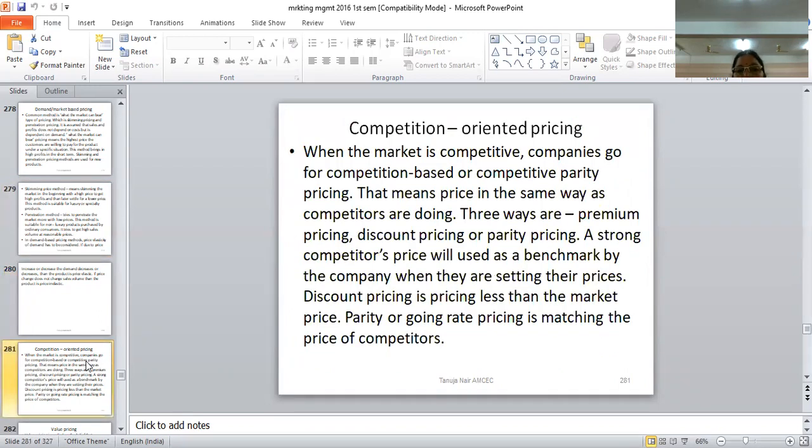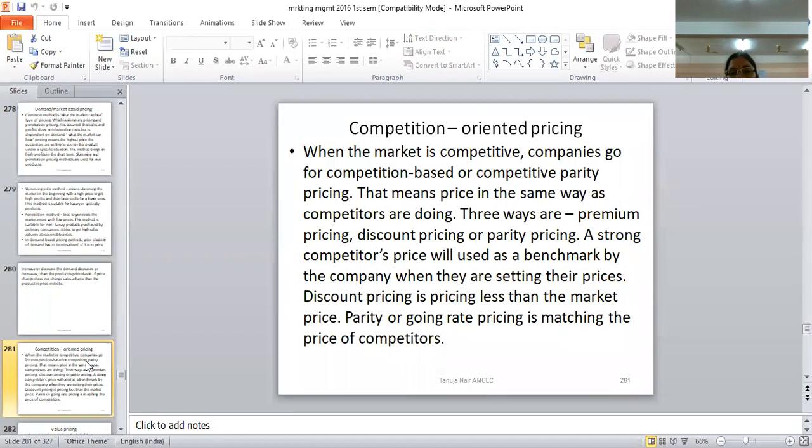Then competition-oriented pricing is where the company follows the competition. Whatever pricing the competition is doing, the same thing they will follow. They will follow three ways of pricing based on competition: premium pricing, discount pricing, or parity pricing.